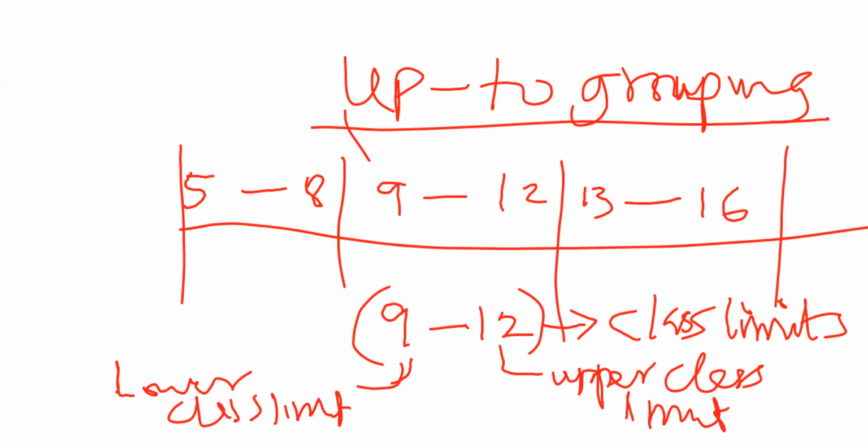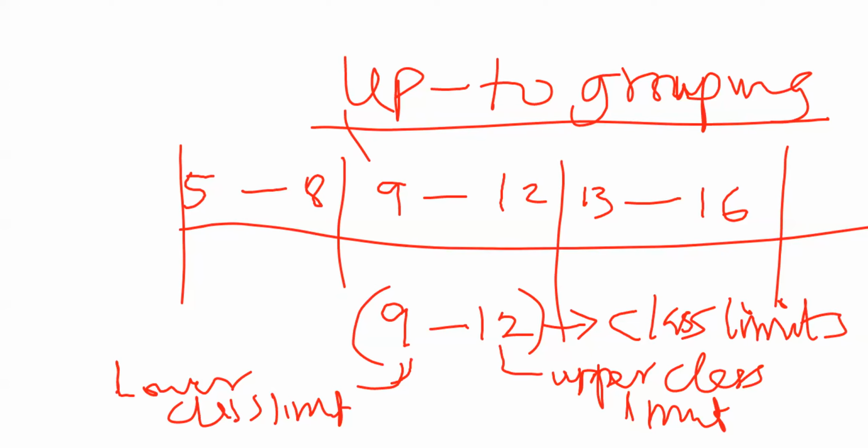When you have class limits, you cannot use class limits to calculate mode and median, because the formula for mode and median is around the class boundaries. All you need to do is to change the class limits to class boundary by subtracting 0.5.